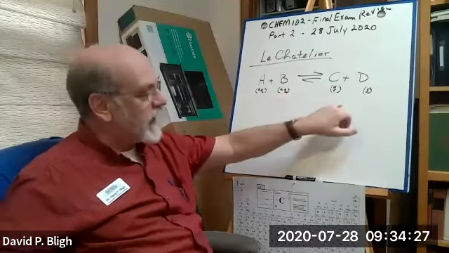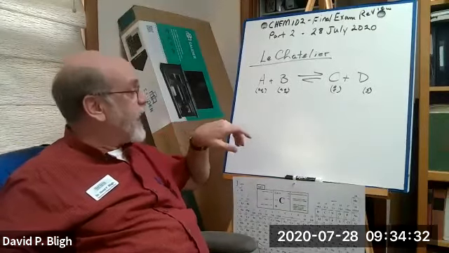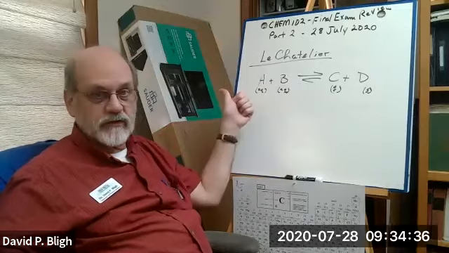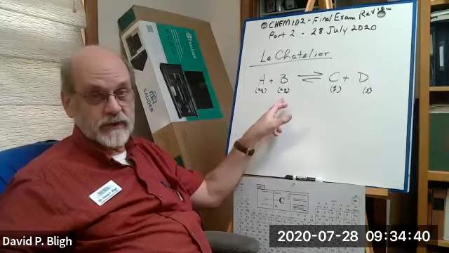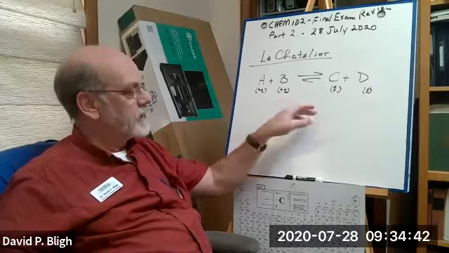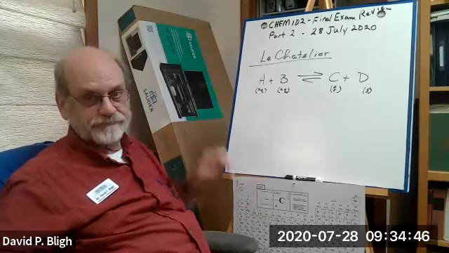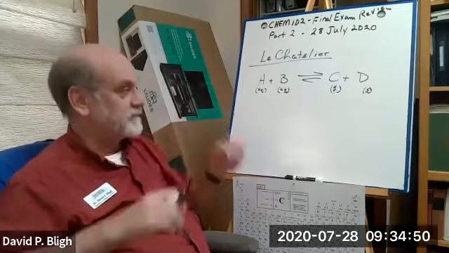It'll produce more gas and more solid. If you subtract some B, you get a shift this way, because you decrease the concentration of B. And then the response is to move back to that side to mitigate the imbalance.